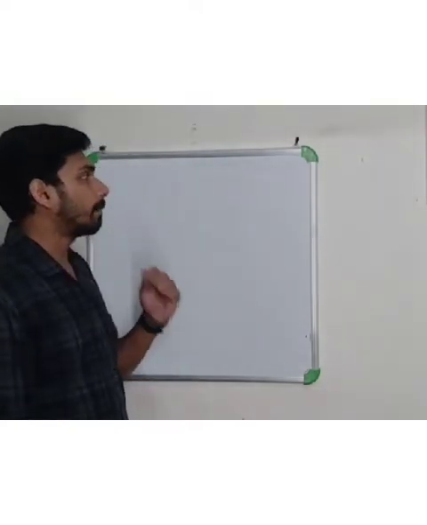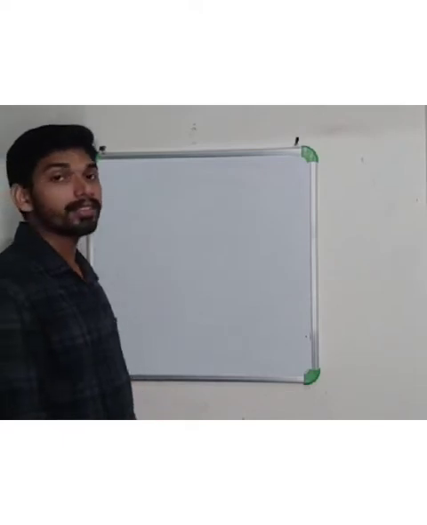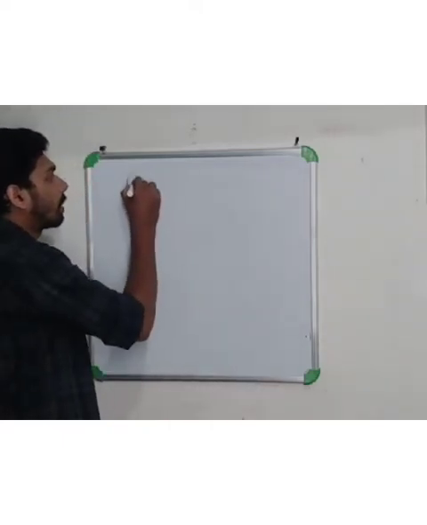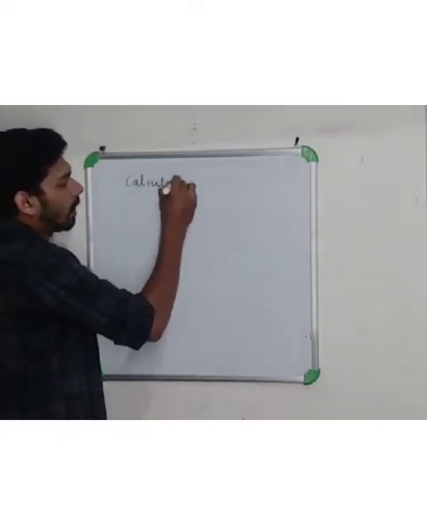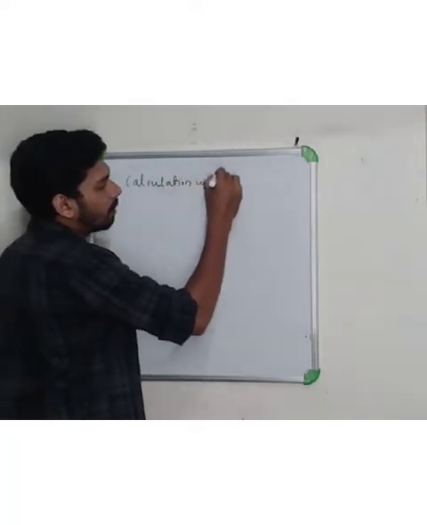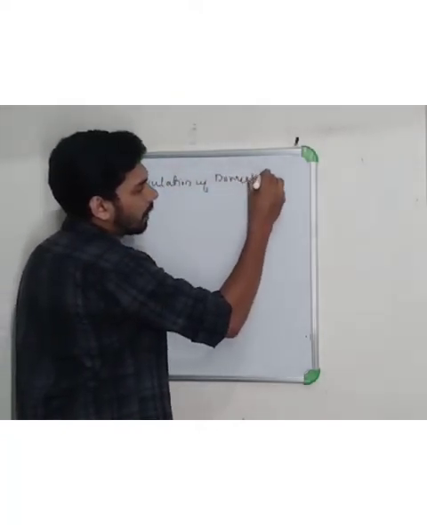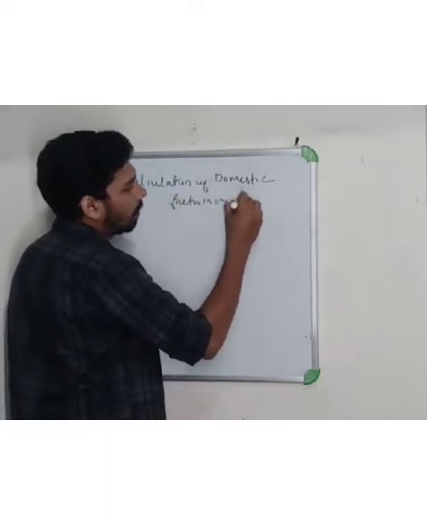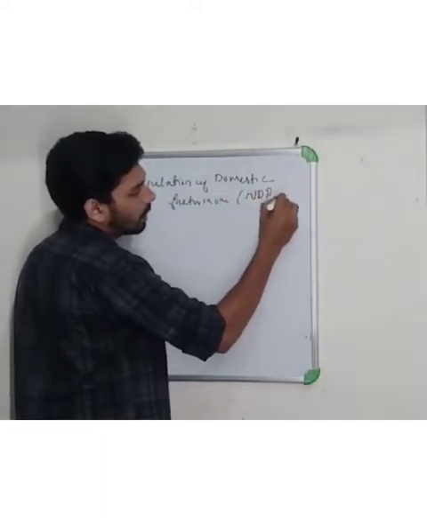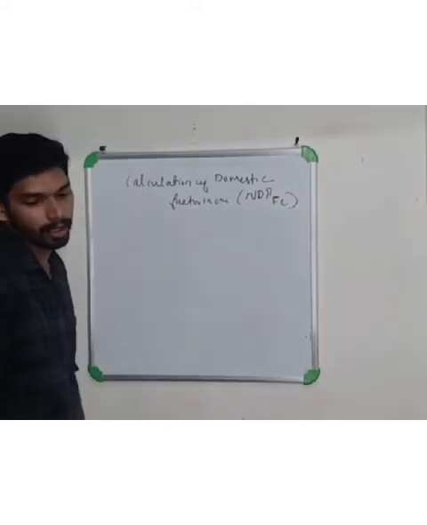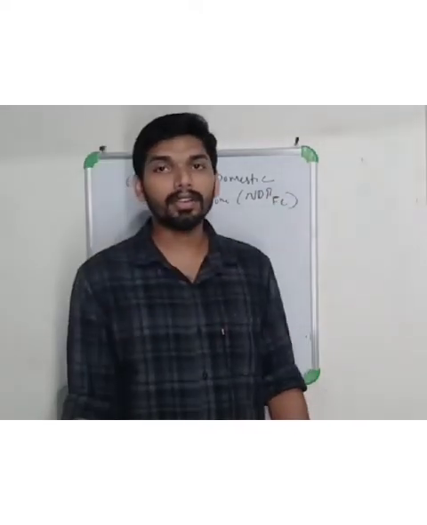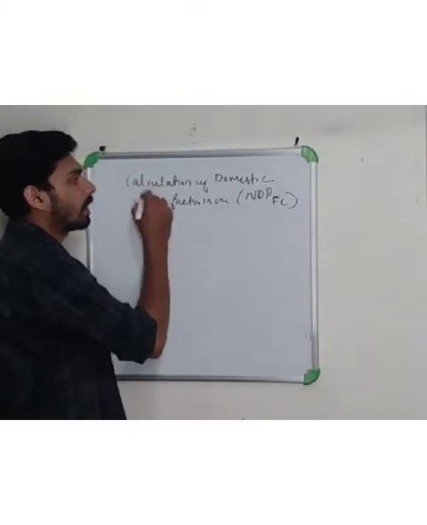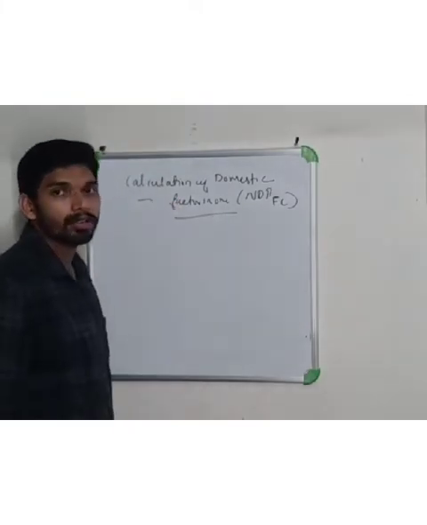Now another important step is the calculation of domestic factor income, or net domestic product at factor cost. So how can we find the net domestic product at factor cost?